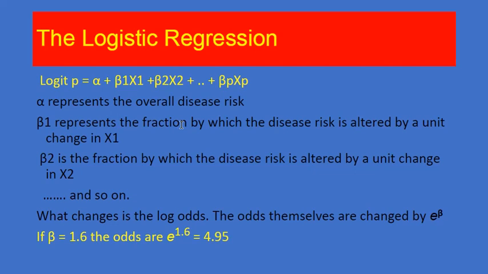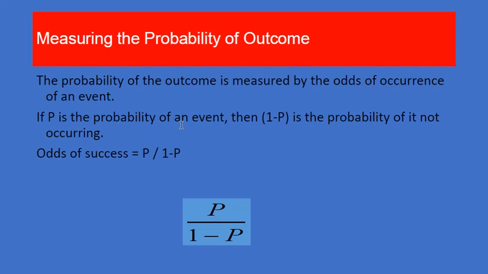Now, in order to measure the probability of the outcome, we can use our classical probabilistic, statistical knowledge. We know from our statistical background that the probability of the outcome is measured by the odds of occurrence of an event, right?